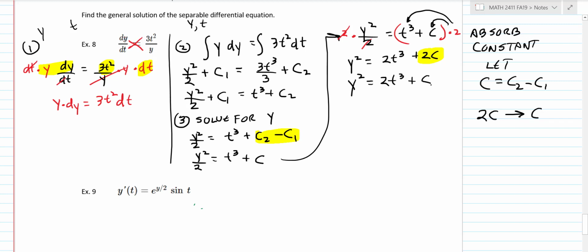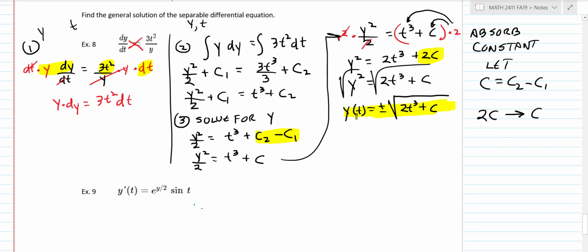All right, one more step. I need to take the square root of both sides. So I would get y, and I'm going to write this as y of t equals plus or minus the square root of 2t to the third plus c. That should be the general solution of that differential equation.